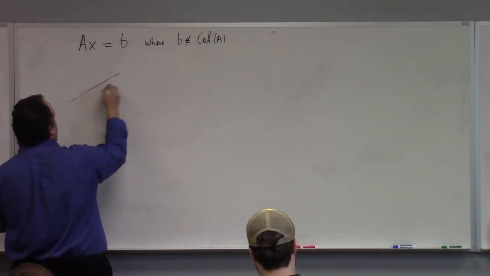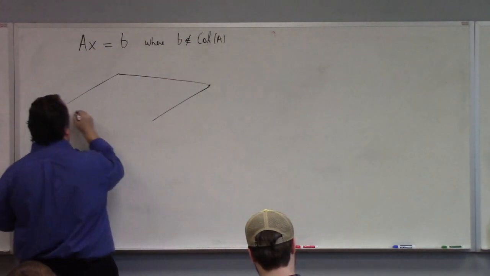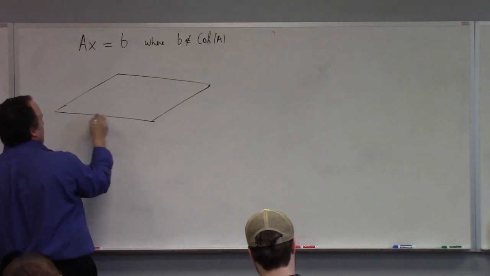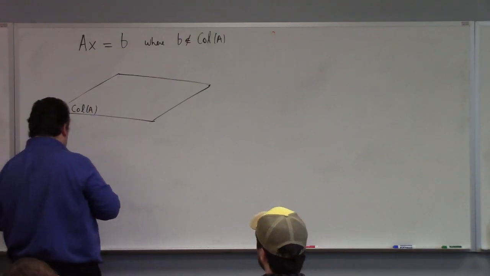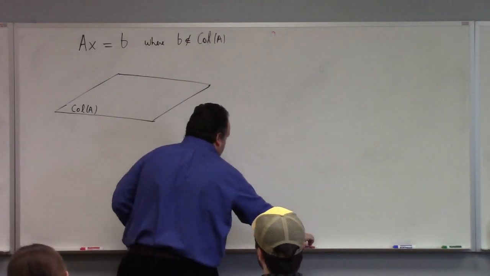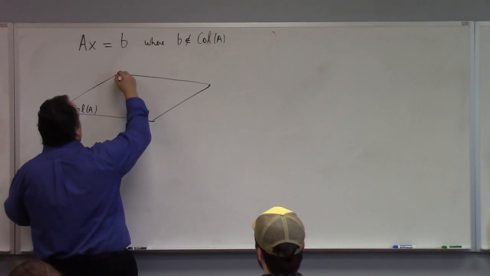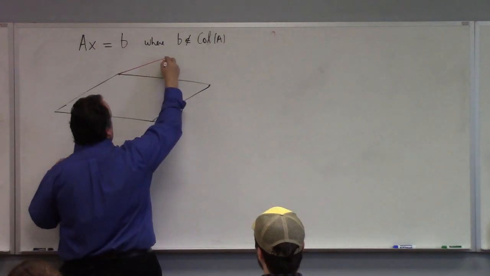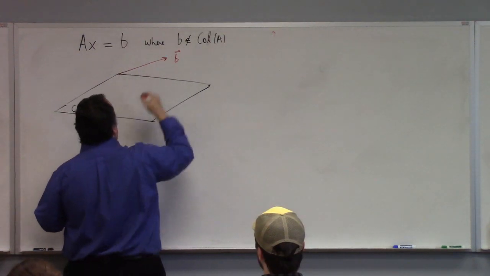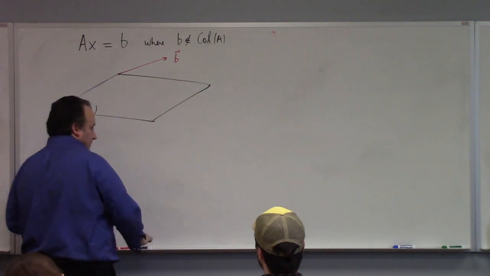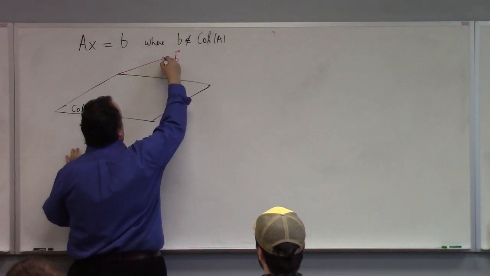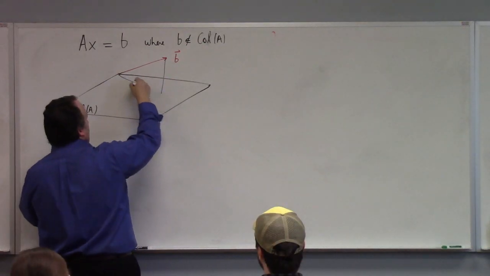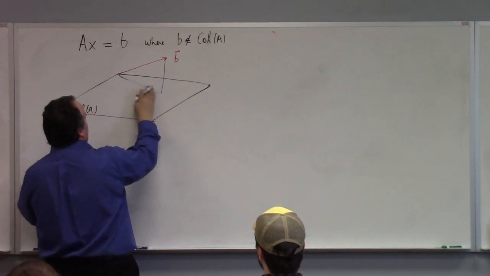Here's a picture. So this here is the column space of A. And here's b. So there's 2 pieces, right? We can talk about, I should have used different colors.